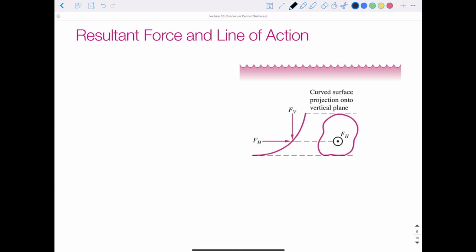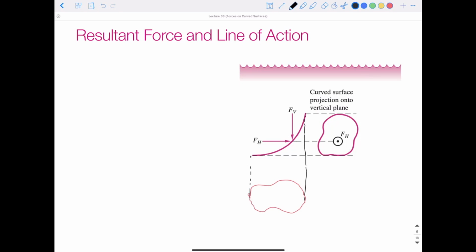So let's say we have this curved surface, and what we see here is basically the projection onto the vertical plane, and we could also draw the same thing of the projection onto the horizontal plane. Let's say it looks something like this.